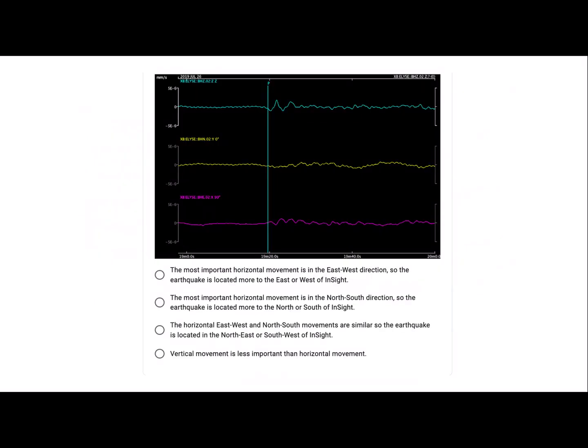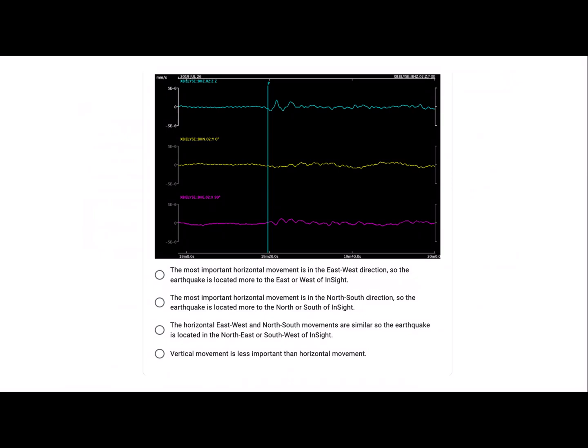Okay, next you were asked to look at waveform recordings by InSight. So what you need to remember is that you have three directions corresponding to the three directions of space, and what was noticeable for that event is that the most important horizontal movement is in the east-west direction.